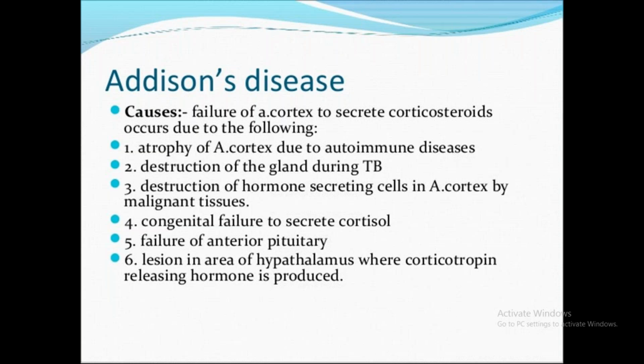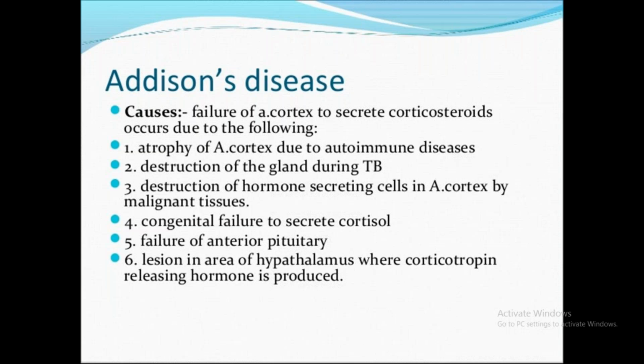So if we go through them once more: failure of the cortex to release corticosteroids, atrophy of the cortex due to autoimmune disease, destruction of the gland during TB, destruction of hormone secreting cells by malignant tissue, and congenital failure to secrete cortisol.